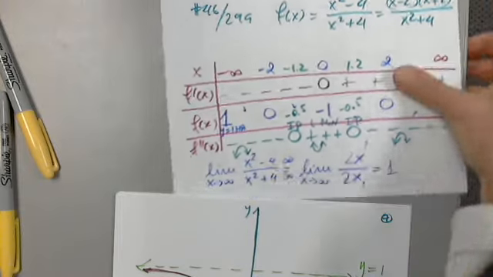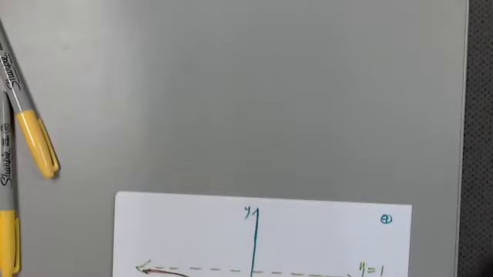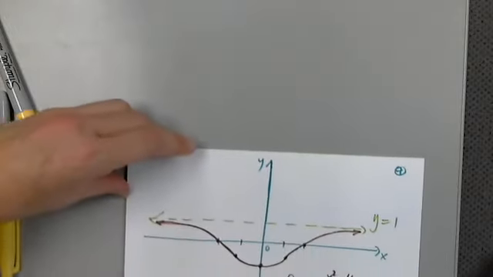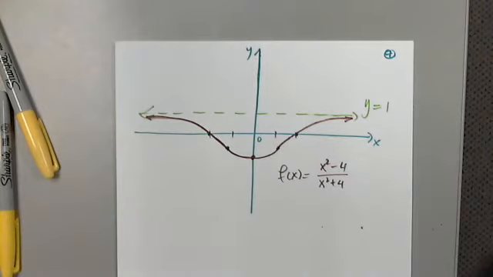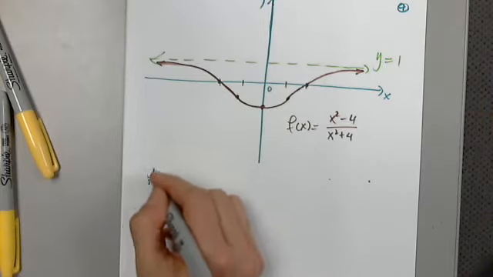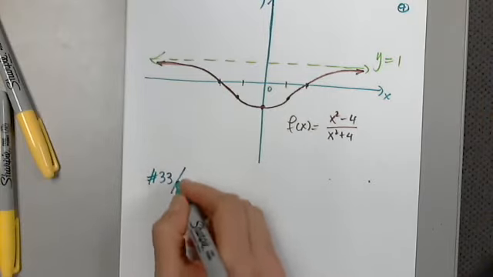What I recommend, in order to consider this clear, let me make one up and you will work on it. Is that okay? On your own? You prefer a rational? You prefer a polynomial? Okay, I'm going to try to find hopefully an easy one like 33 on page 299.